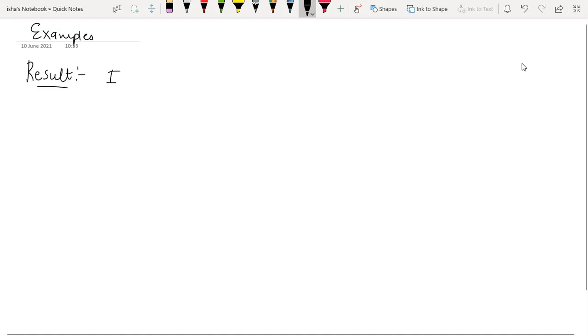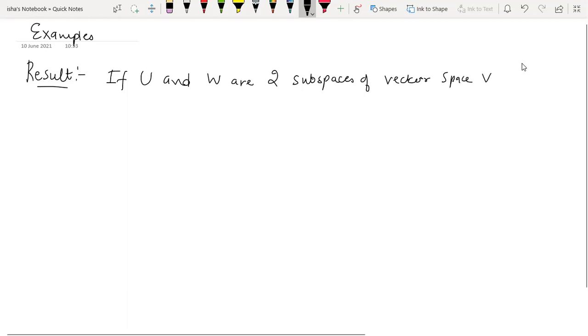That result says, if U and W are two subspaces of vector space V, then dimension of U is less than or equal to dimension of V, and dimension of W is less than or equal to dimension of V. So the subspace is always going to have dimension less than or equal to the vector space. It cannot have dimension more than the dimension of the vector space. So that is one result.